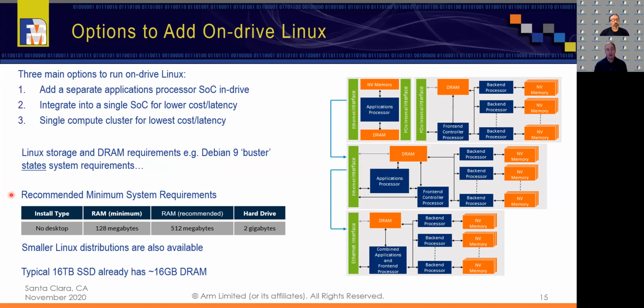So if we think about that DRAM, 512 megabytes, that's less than 5% of a 16 terabyte SSD that has 16 gigabytes of DRAM. So certainly not trivial, but not a large amount either. It may be possible to just use that 16 gigabytes or potentially add just a small amount more to the drive. And certainly with 16 terabytes, using 2 gigabytes for storage is kind of inconsequential compared to the overall capacity.